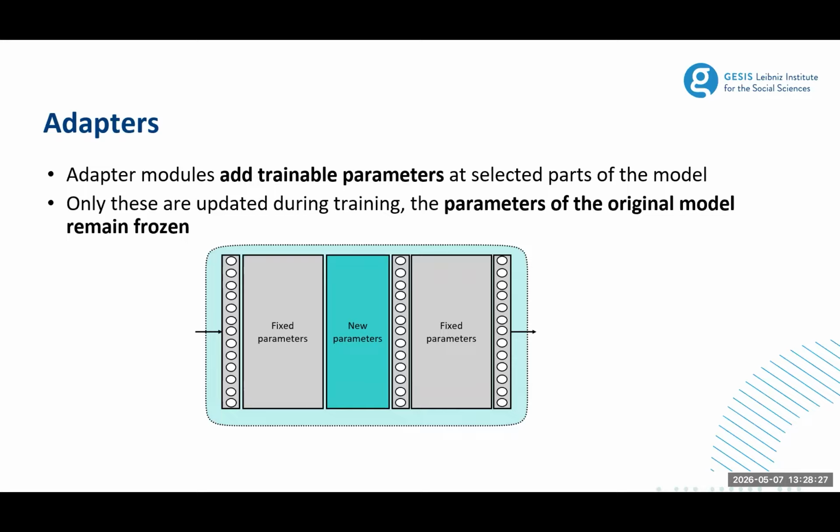By the share of the gray and the blue, we already get some feeling that the new parameters should be fewer. But in the next slide, I will make clear why we have a really strong reduction of trainable parameters.